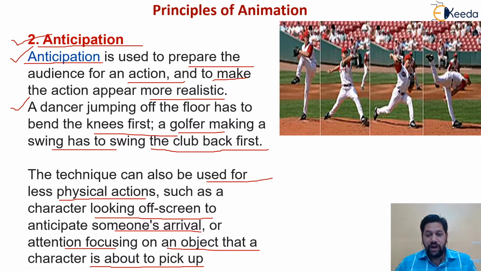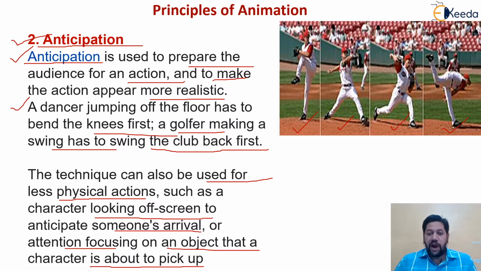Now here, on these slides, you can find this frame indicating that this particular golfer is now ready to throw the ball. Again we show this action, and then finally we show the action itself. These are the different frames.